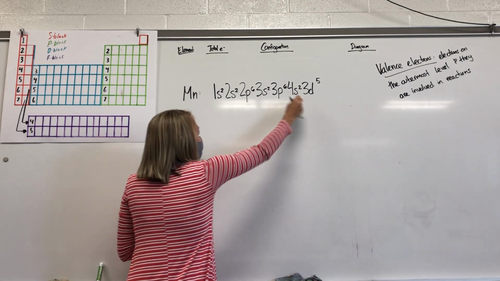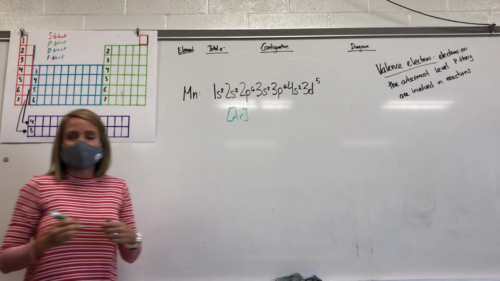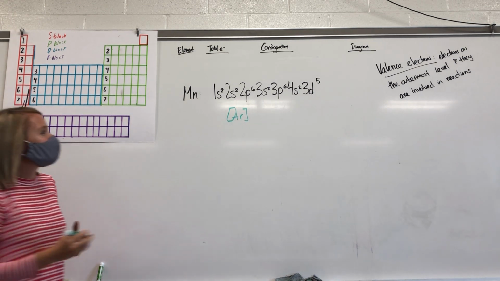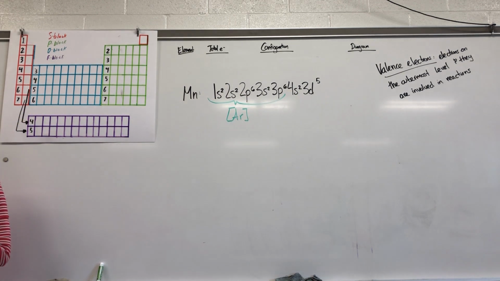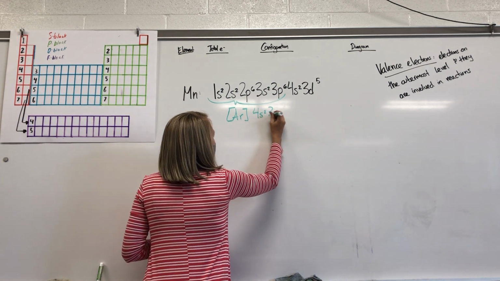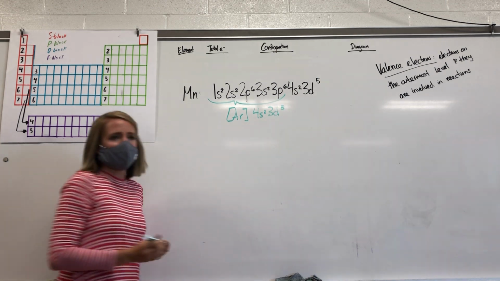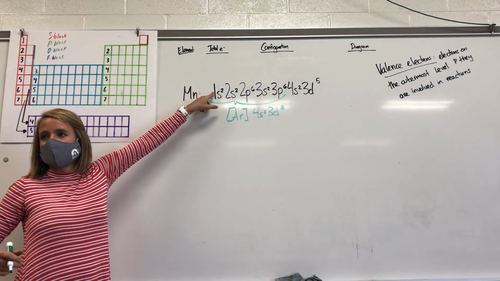Instead of writing all this, I can just do Ar in brackets, which takes care of all of that. Then I just start after argon, 4s2, 3d5. So this is your answer instead of that.